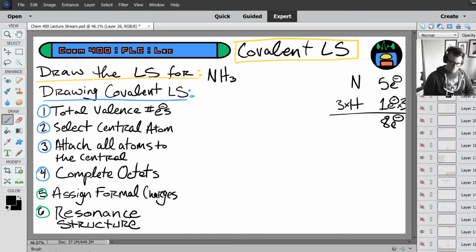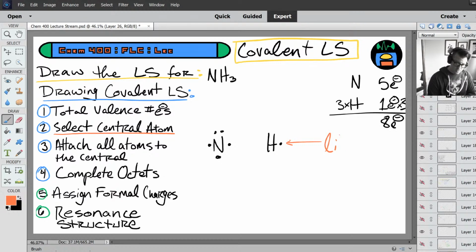Let's take a look now at our central atom. We need to select our central atom. We know that we want to select the atom that can make the most bonds. Hydrogen, because it has 1 unpaired electron, likes to have 1 bond.